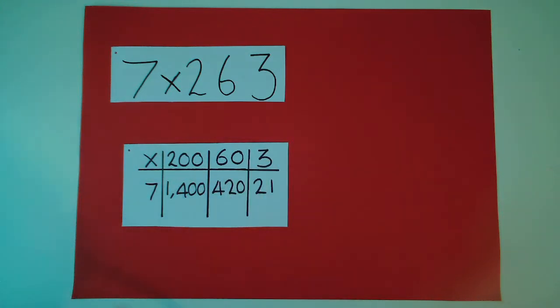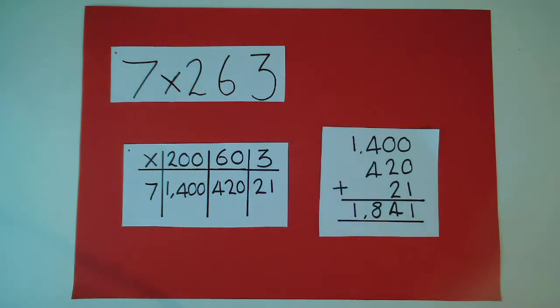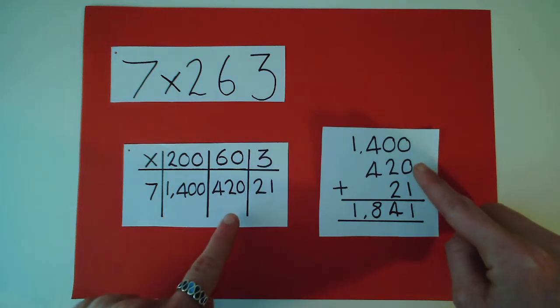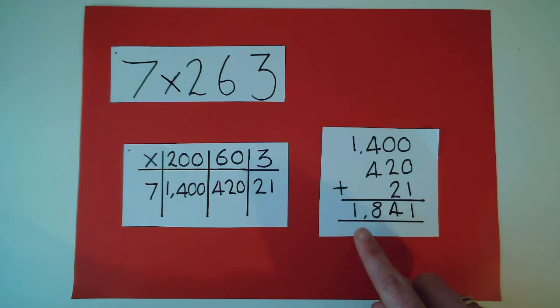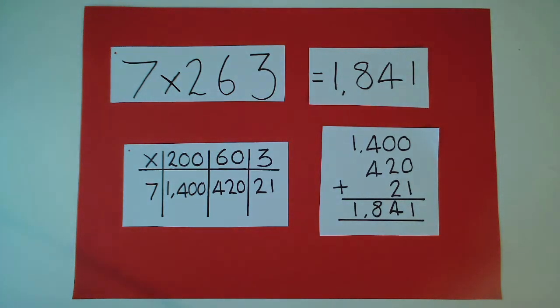And then we have 7 times 3 is 21. If you used your column addition to add them all together, so we take 1,400, add 420, add 21, and the answer was 1,841. So if you got that answer, well done to you.